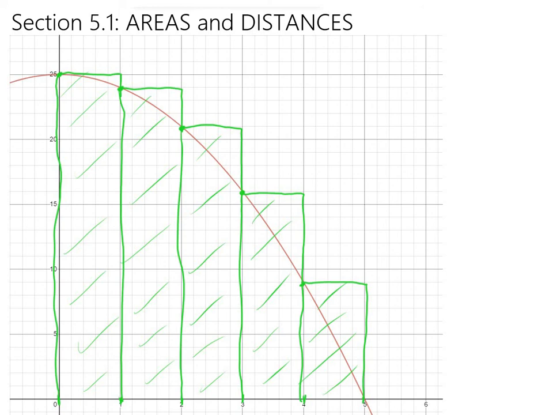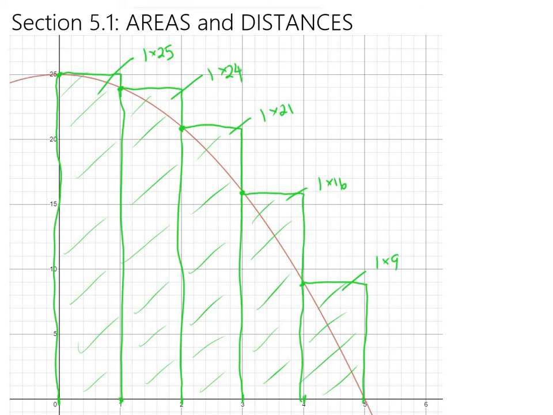So this first rectangle here is a 1 by 25. So it has an area of 25, and this is a 1 by, what, 24? And this is a 1 by 21. This is a 1 by 16. And this is a 1 by 9.